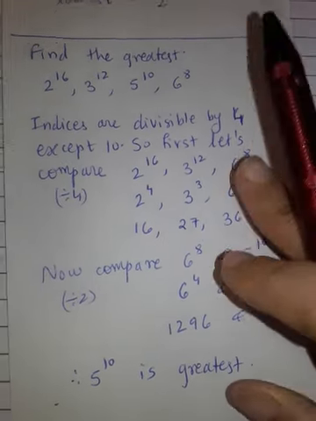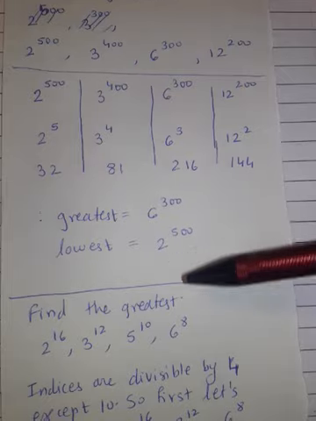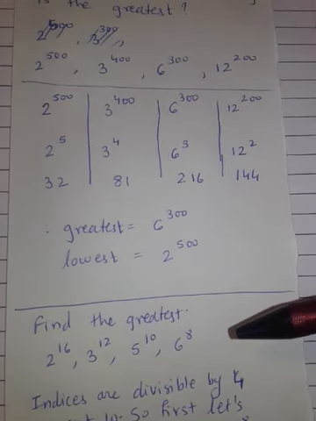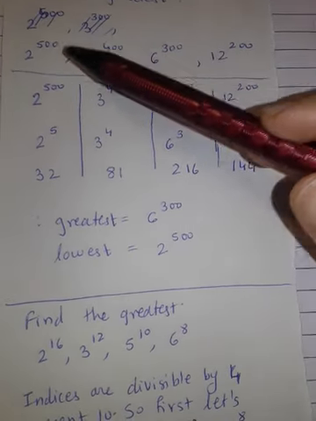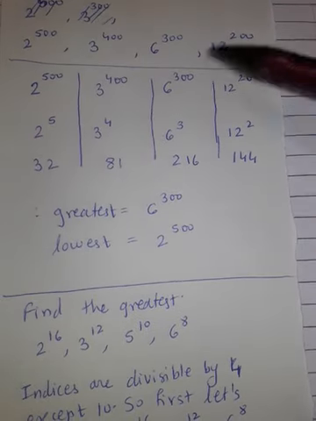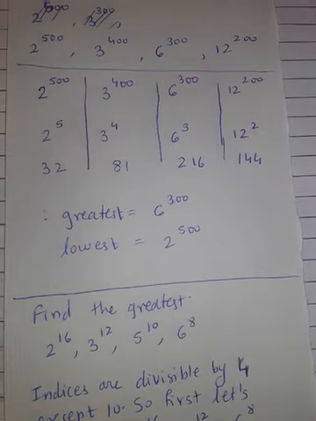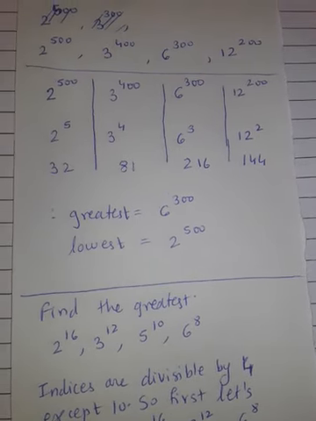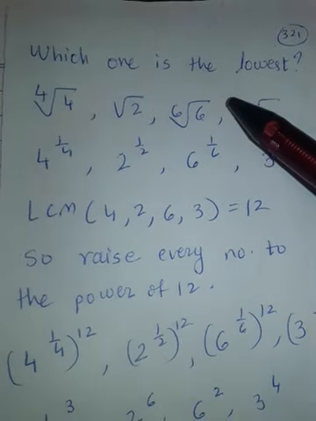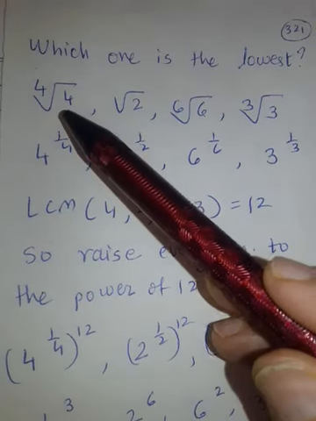Quite easy. So what did we do in both of these sums? We found out the HCF, highest common factor, of the indices. Now let's solve a slightly different type of sum. Which one is the lowest?